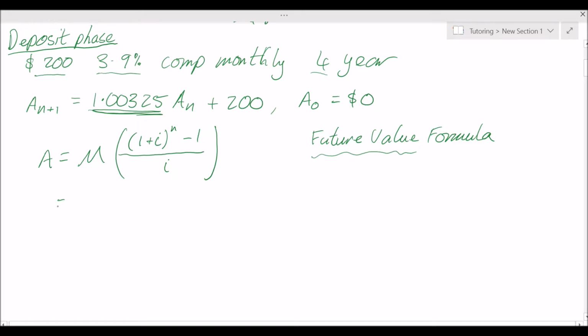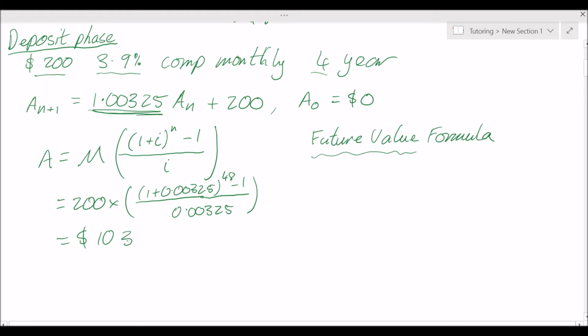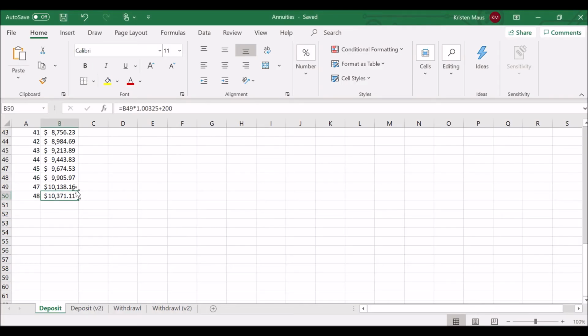So if you put all of those variables in, like this, into your calculator, you get $10,371.11, which is the same thing that we got in our spreadsheet here.